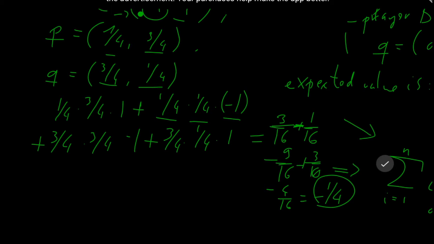So as an expected value, if player A chooses the rows according to this probability and player B chooses according to that probability, then the expectation of the outcome is -1/4.